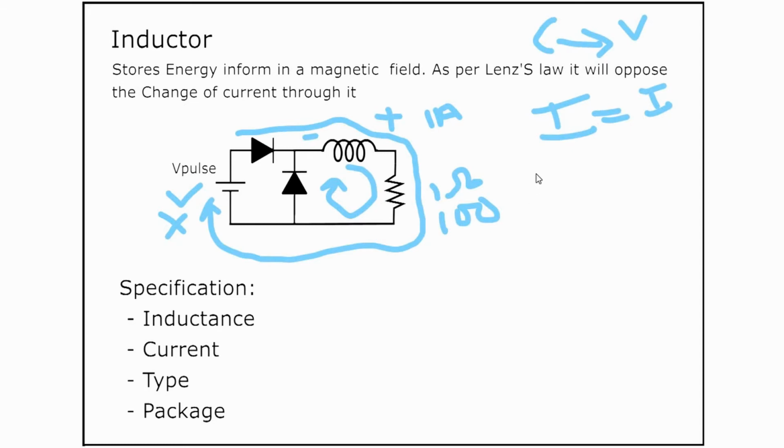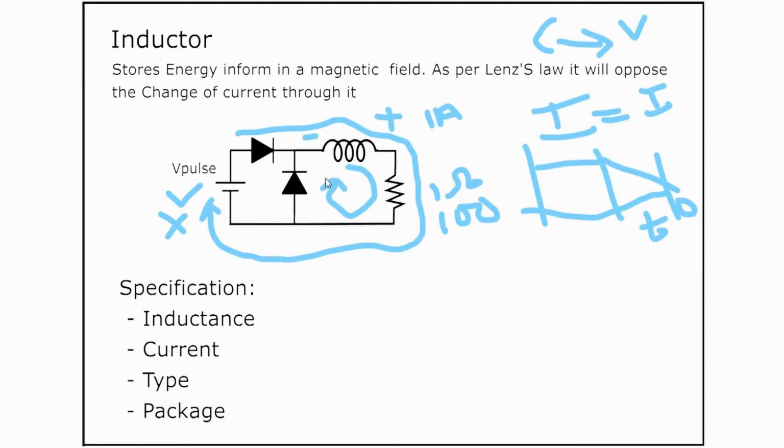The current will gradually decrease from 1 amp to 0. This time will depend upon how much energy it can store, that is the inductance of the inductor.